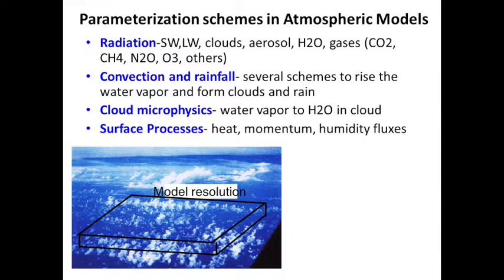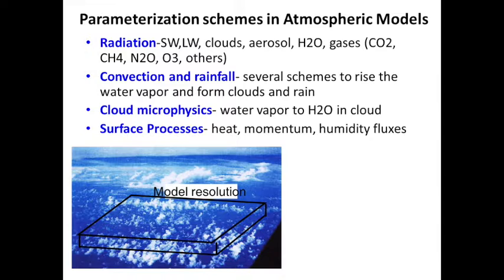For example, momentum flux. There are momentum fluxes in many grid points, and there are momentum fluxes between these two grid points as well. So how to consider all the momentum flux?